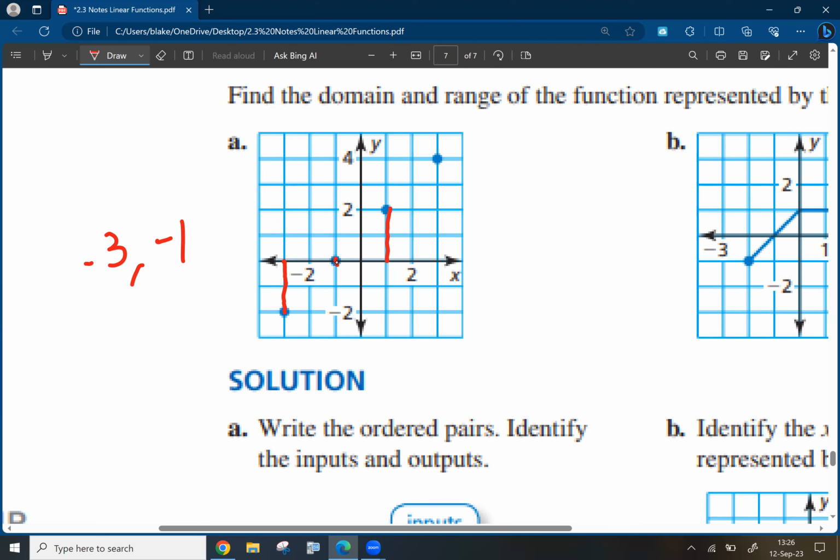This dot connects at +1. That's part of the domain. And then this one connects at +3. That's part of the domain. And since there's no filler between these points, it's literally just those 4 values for the domain. They're not connected, so nothing in between these values counts as a domain. It's literally just those 4 numbers: -3, -1, 1, and 3.